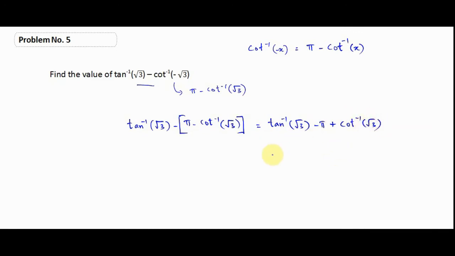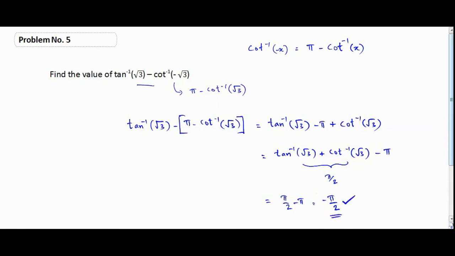Now let's rewrite this as tan inverse of root 3 plus cot inverse of root 3 minus pi. Now the sum of these two, tan inverse of root 3 and cot inverse of root 3, will be equal to pi by 2. Now that is equal to pi by 2 minus pi, which is equal to minus pi by 2.